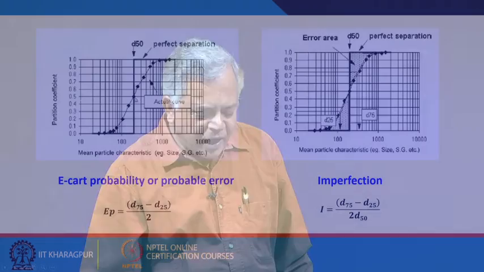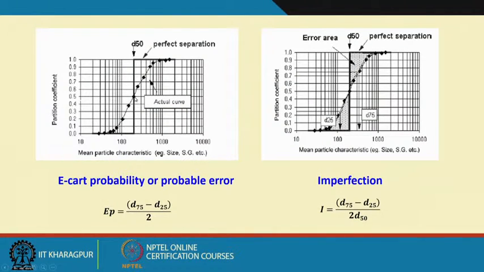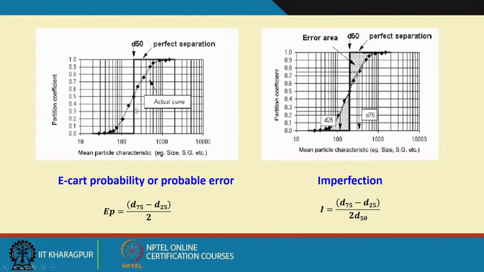Now there is another concept here called the Eckert probable error. It is defined as follows: if I had an ideal screening at 200 micrometers, instead of a curve I should have a vertical line like this.